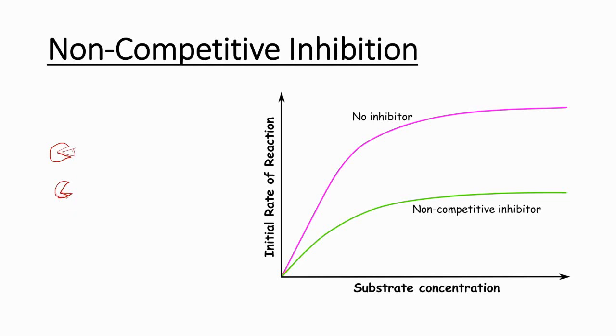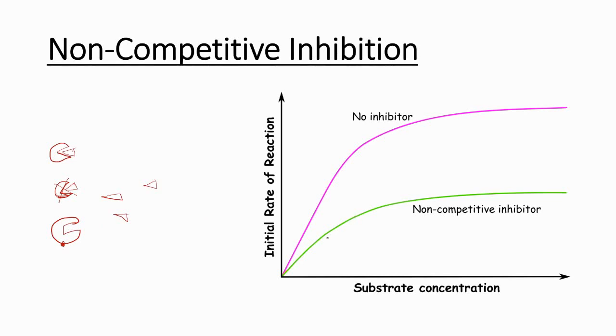If I now increase the substrate concentration, more active sites will be bound. However, if I remove this enzyme and have it in the shape like this, bound by the non-competitive inhibitor, you can see I can increase the substrate concentration as much as I like. It will not bind to this enzyme active site.